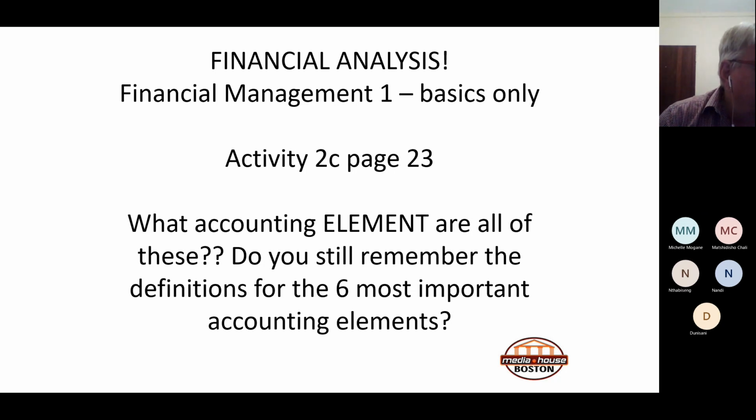Okay, then they want us to have a look at activity 2C. So I want you to take a couple of minutes and look at activity 2C. It's on page 23. And I want you to classify those in terms of, is it assets, liabilities, owner's equity, or income or expenses? Give you a couple of minutes if you can try and attempt that, please.